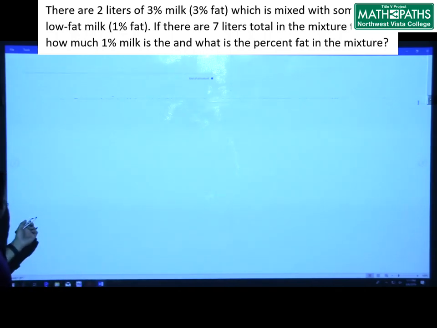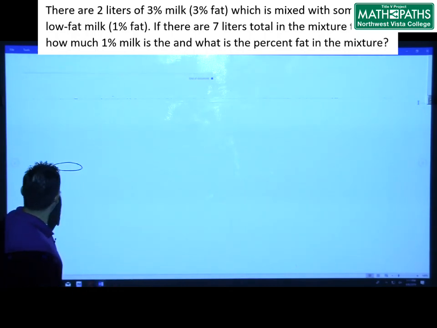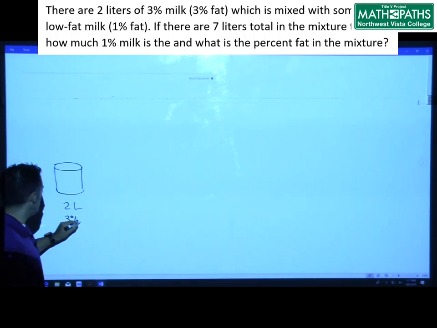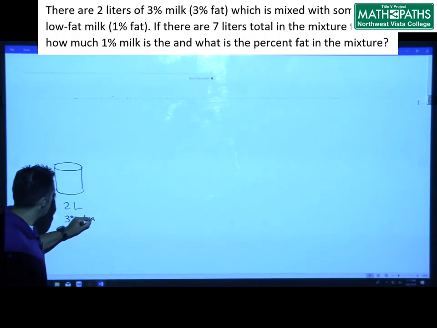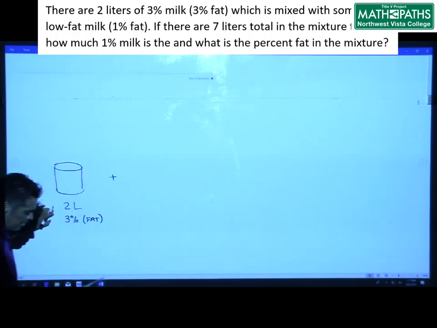So I'm going to go with some pictures again here. We have 2 liters of 3% milk. So here's my container. It contains 2 liters of 3% milk, which means that we have 3% fat in that milk, the 2 liters of milk here.